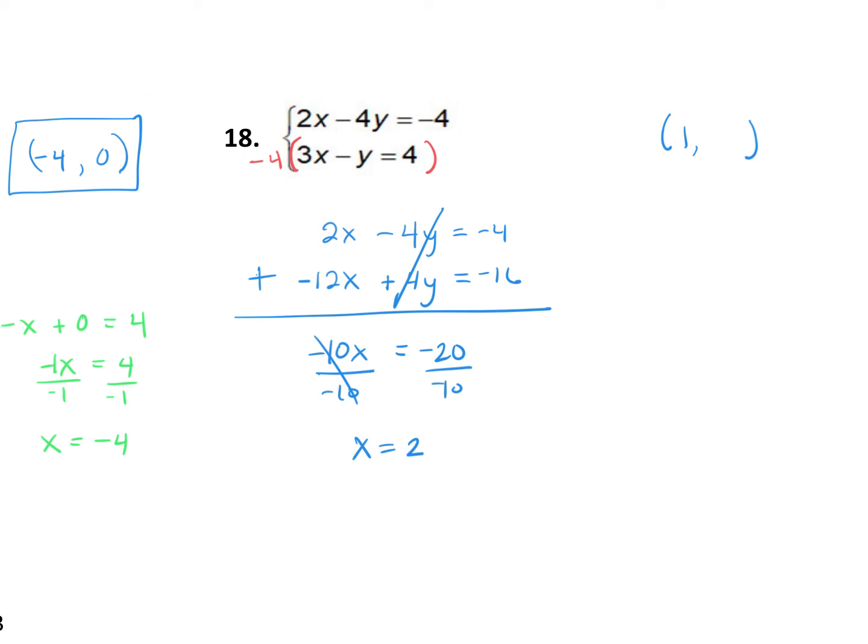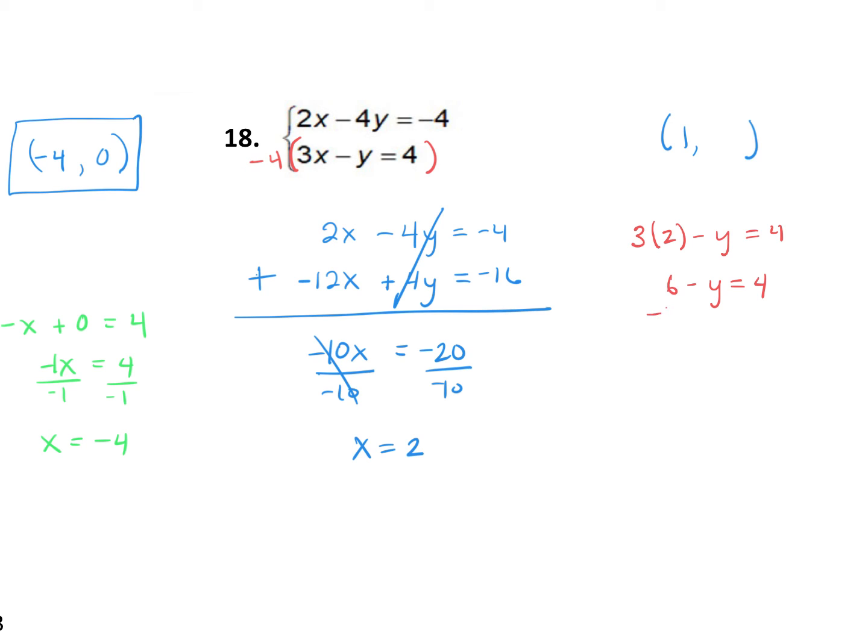To get the y, we're just going to plug in a 2 for either the x in the top equation or an x in the bottom equation, whatever you prefer. I feel like the bottom equation looks a little bit easier, so I'm going to do 3 times, instead of x, I'm going to replace that with a 2, minus y equals 4. 3 times 2 is 6, minus y equals 4.